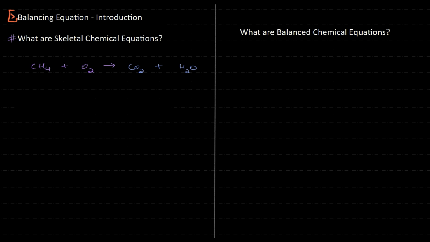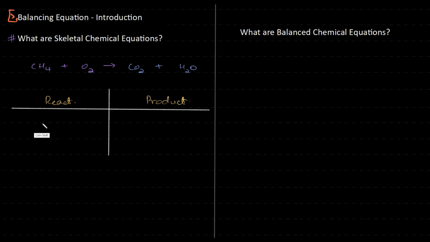Now, let me do one thing. Let me actually draw a small table. Herein, I'm going to represent your reactants, and herein, I'm going to talk about your products. I'm going to list all the things that are involved in the reaction. So, in reactants, we have carbon, hydrogen, oxygen, right?